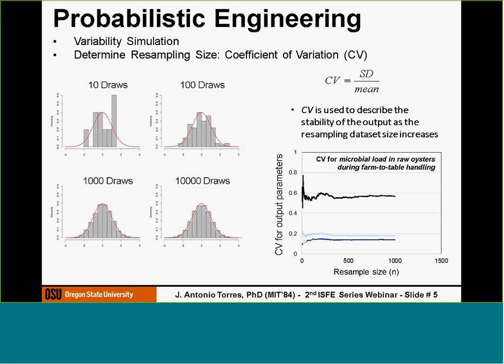The CV at the beginning is quite noisy, but as we increase to about 300 or 400, the noise begins to decrease, and between 500 and 1,000 it becomes fairly stable. So if we choose a sample size of 1,000, it's pretty safe to say that we have a stable coefficient of variation.